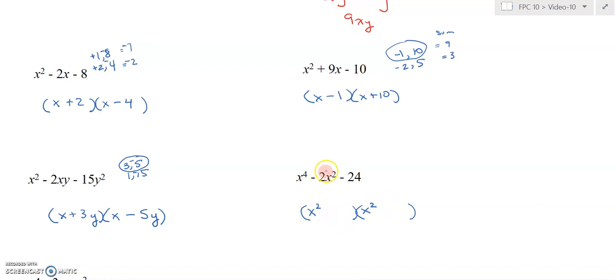And so that's where that x squared term in the middle comes from. If it was x to the 6th, I'd break it into x cubed, and then I'd have an x cubed in the middle. If it was x to the 8th, I'd break it into x to the 4, and that's where I get an x to the 4 in the middle, etc. If this is even, this would be half of that even number, right?